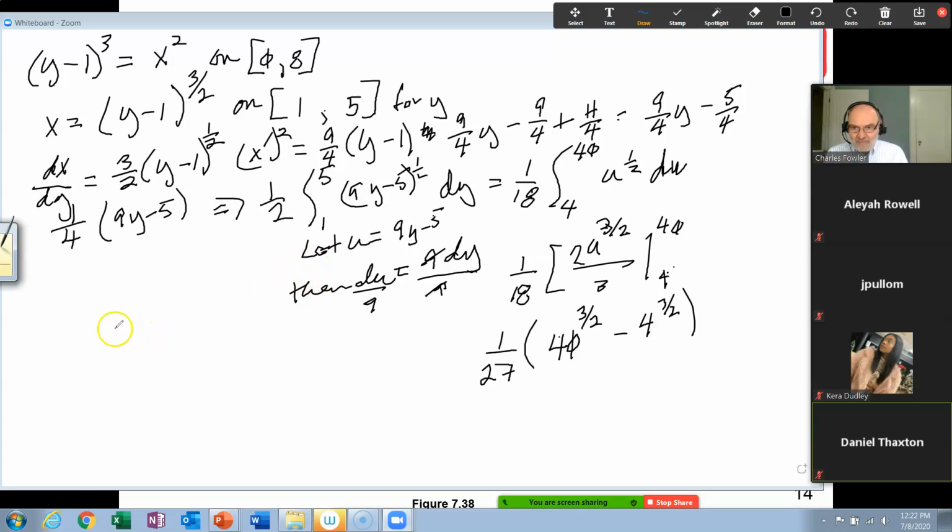So I'm going to come over here and write my answer. 1 over 27 times, just say the square root of 40 is 2 root 10, and then we've got to cube that. So that will be 8, that's 2 cubed, times the square root of 10 cubed.